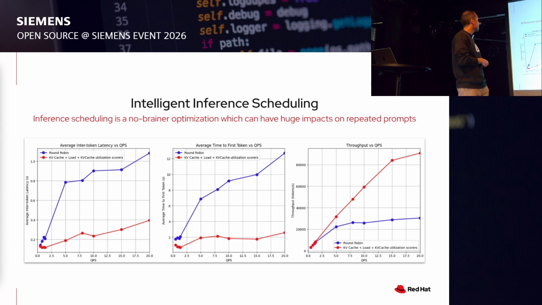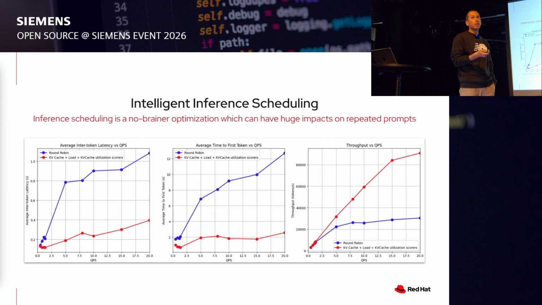And you can clearly see that with the round robin approach, we don't make use of the KV cache knowledge, and the inter-token latency goes higher and higher and higher. With llm-d deployed, we actually know which pods are holding the KV cache blocks that we need, and we can achieve far better results.